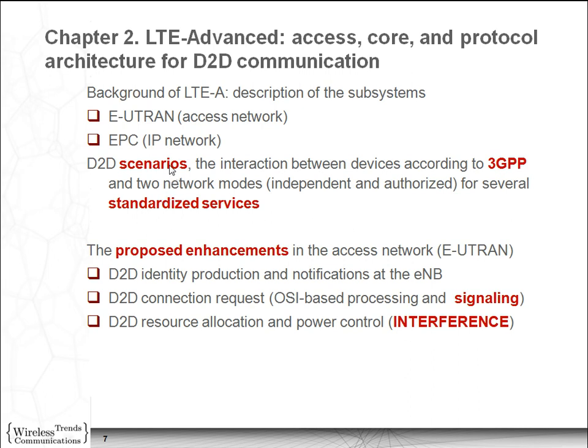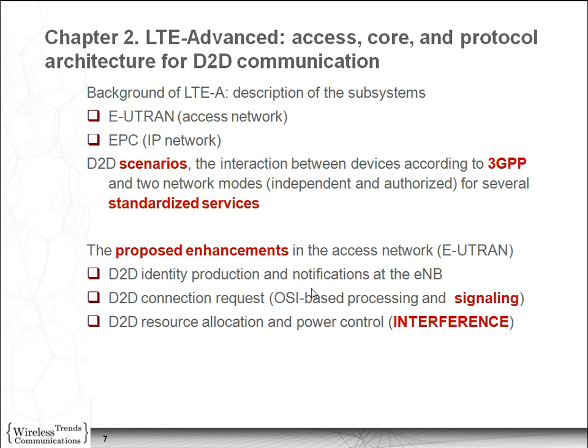And of course, if we want to have this kind of services for LTE-Advanced, they discuss what could be the best strategy that we can implement for this D2D at the access network. They have a list of enhancements they are proposing and how this can modify the architecture of the access network.